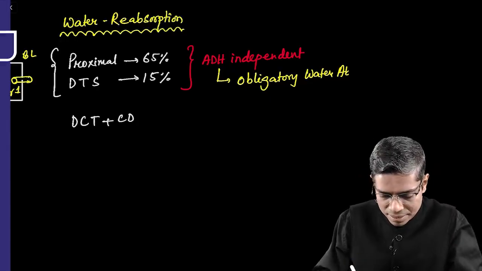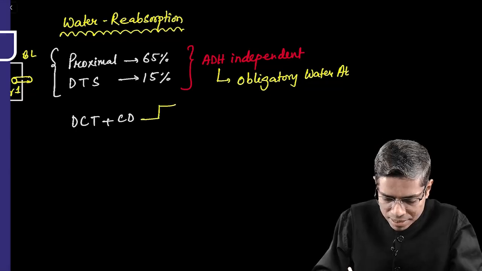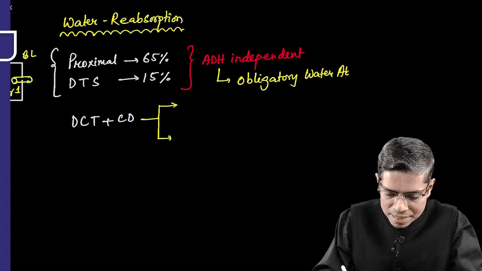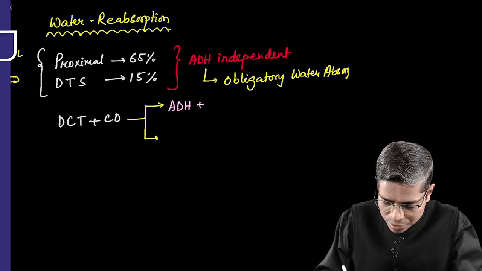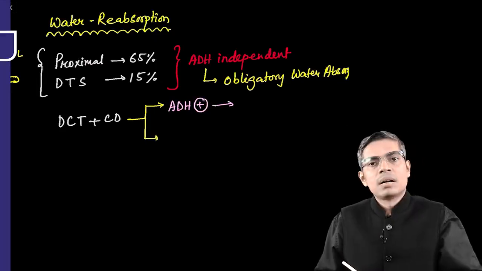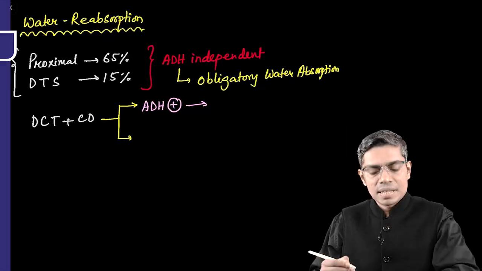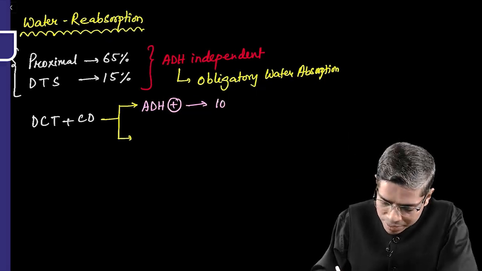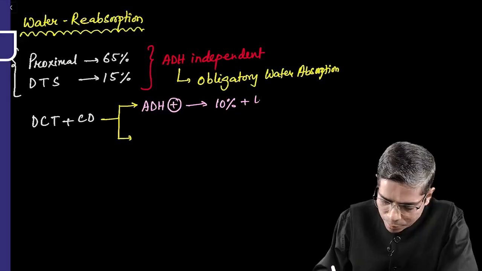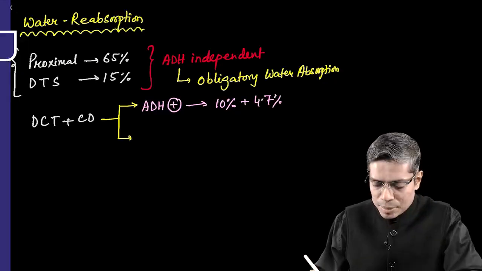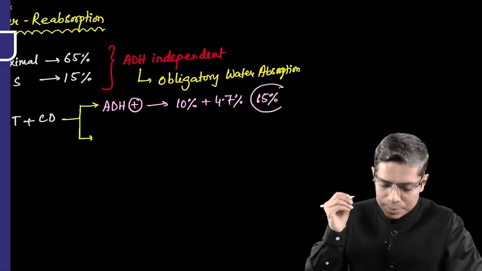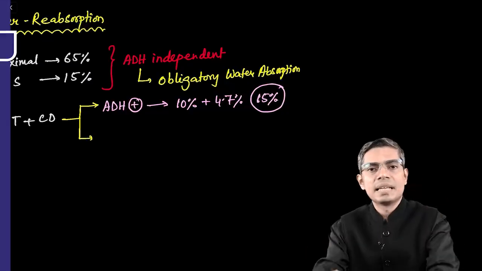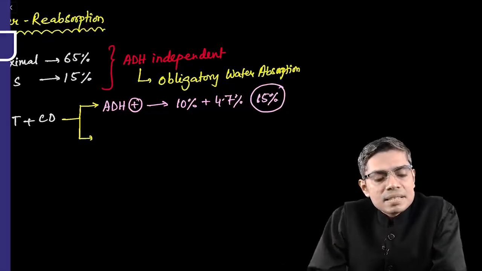So here, if ADH is present, how much water will be reabsorbed in the DCT and collecting duct? 10% plus 4.7%, means almost 15% water is reabsorbed from the DCT and collecting duct if ADH is there.